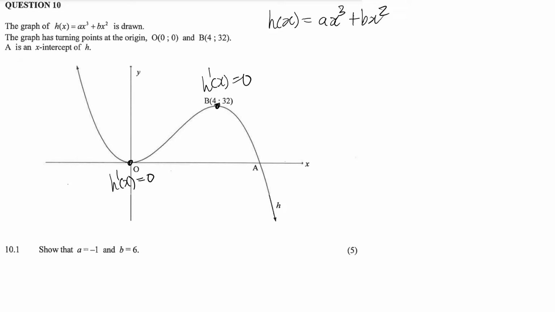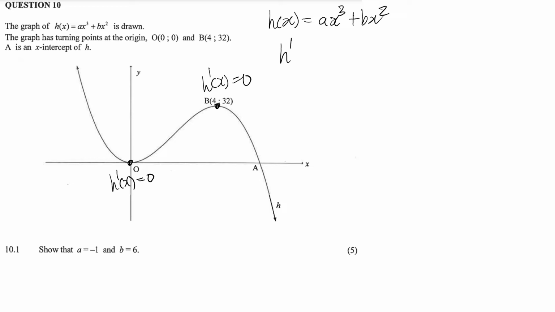Because if you draw a straight line there, you will get a horizontal line, and that horizontal line has no slope, meaning that the first derivative, which is also our gradient at the turning point, will be equal to 0. So we can use that information to deduce the values of a and b.